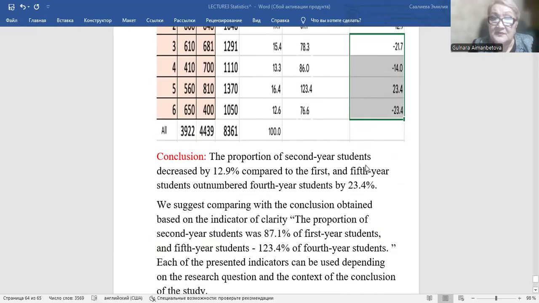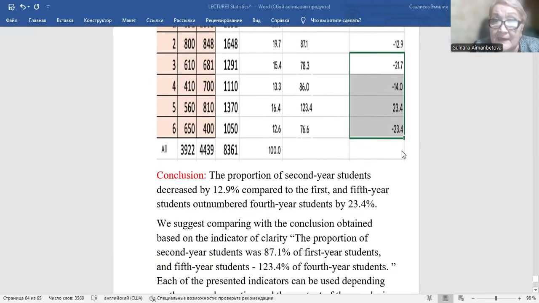Conclusions. The proportion of second year students decreased by 12.9% compared to the first, and fifth year students outnumbered fourth year students by 23.4%.